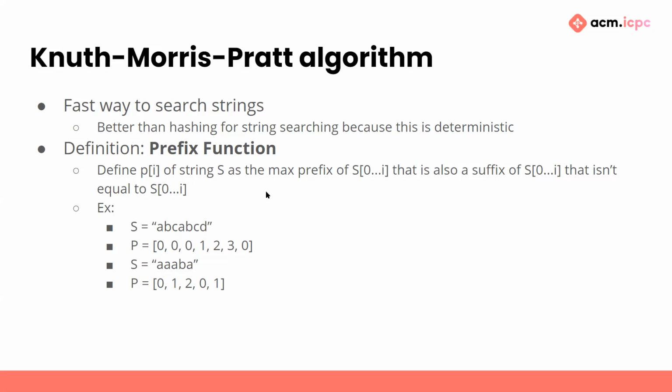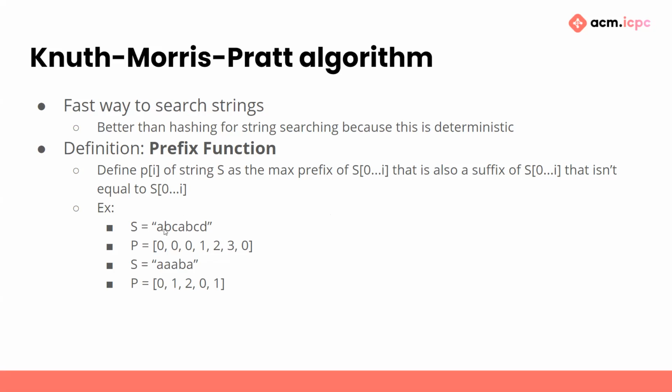But then when we reach the string ABCA, where i equals 3, notice that A is a prefix and A is also a suffix of the substring from index 0 to index 3, which is why the fourth number in P is 1.